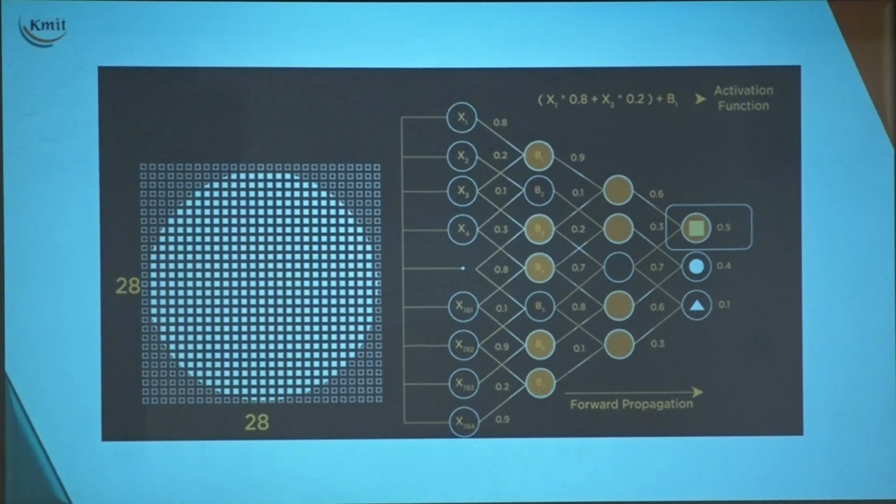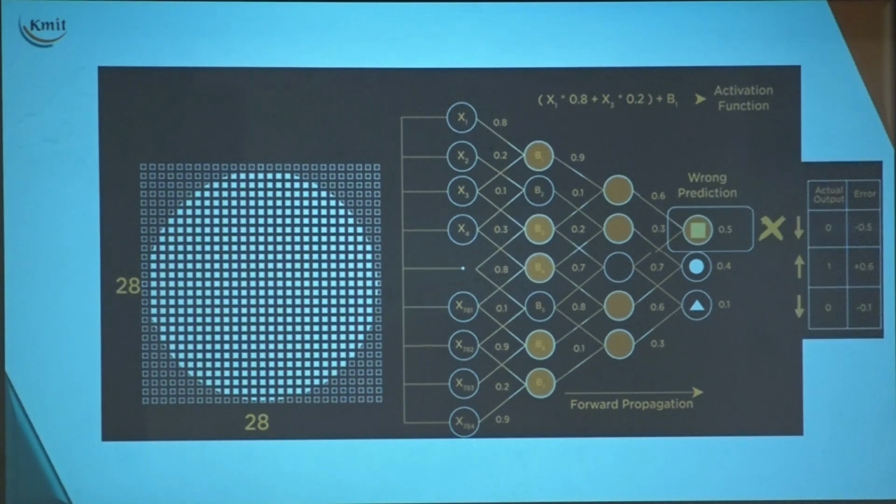Probability values came, saying that it is 50% likely a circle, 40% likely a square. So what is the answer as per the prediction? Square. But what is the actual image? Circle. So 50% is the loss, and accuracy is only 50. So will you say that you have done a super job? So what do we have to do?